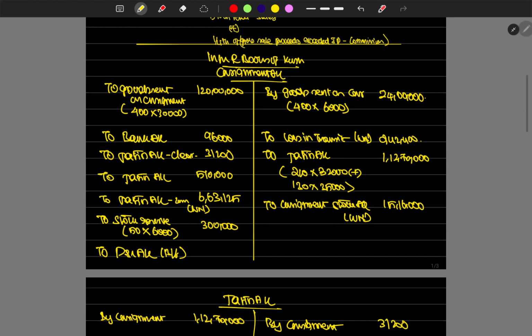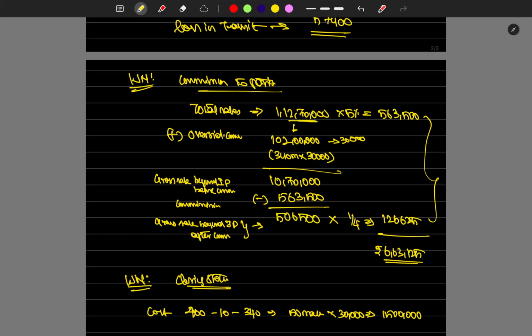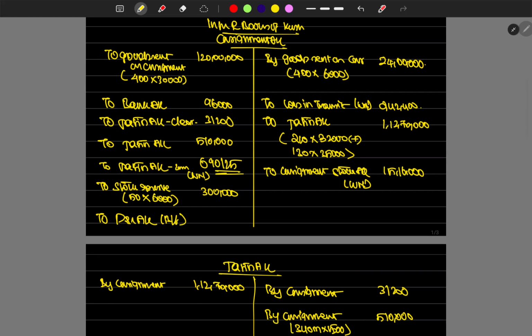Just guys, we made a calculation mistake, we have wrongly calculated these two amounts. This is not 6,63,125. This is 5,63,500 plus 1,26,625, which is 6,90,125. We'll add it here. 6,90,125. Okay.